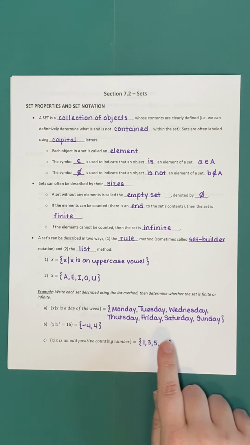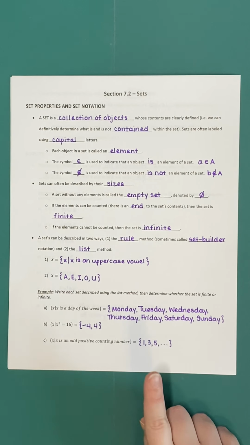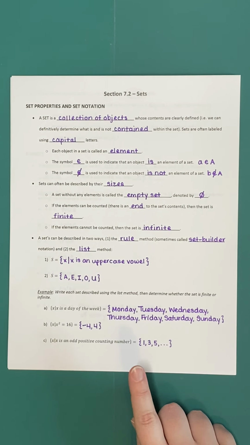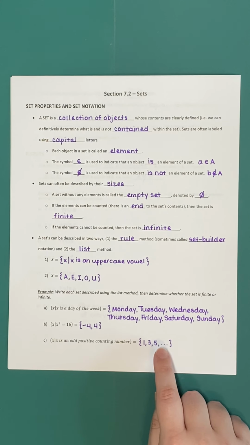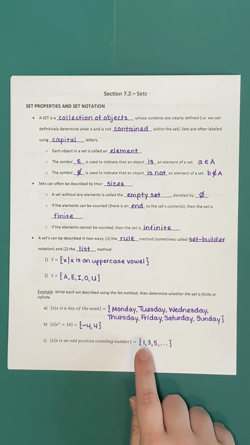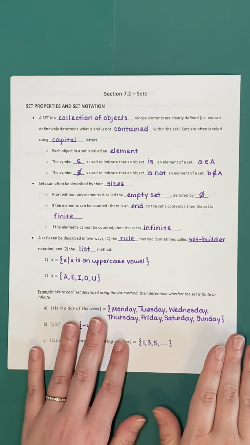So this is a situation where the order we write the elements in very much matters. Again, in general in set notation, the order we write items in doesn't matter. But if we're planning to use an ellipsis in order to establish a pattern among whatever's in the set, then we definitely need to have some type of order, because 9 times out of 10, the order is related to whatever the pattern is that we're trying to establish.